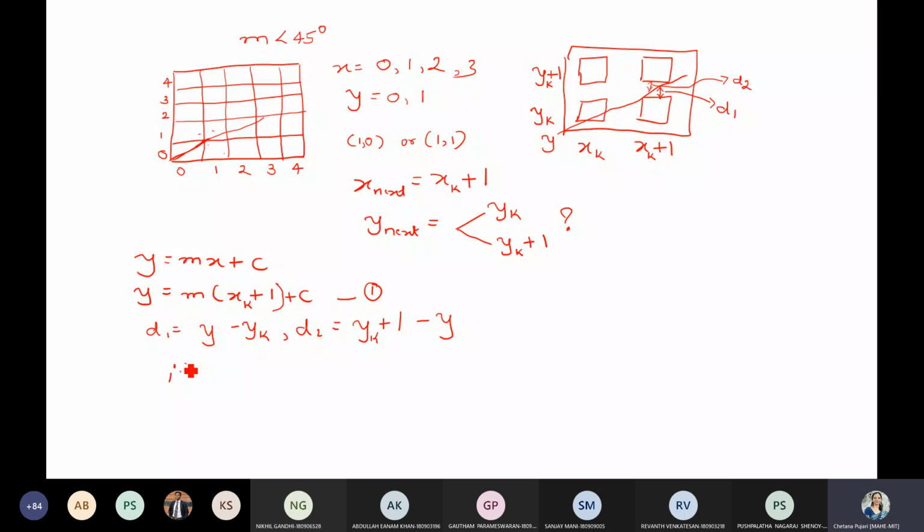next you need to check this condition. Once you calculate d1 and d2, you find the difference d1 minus d2.